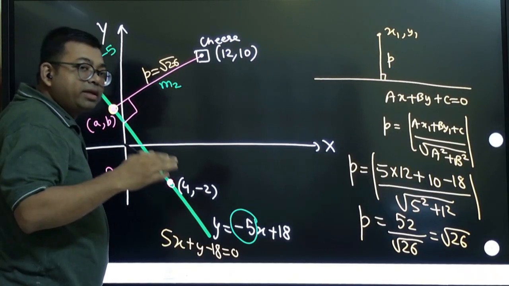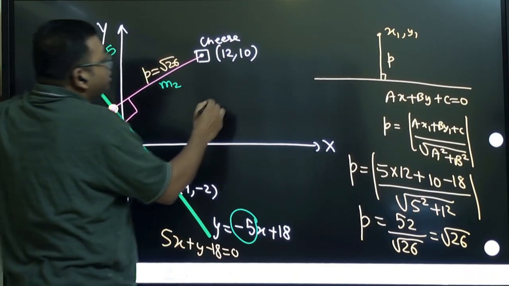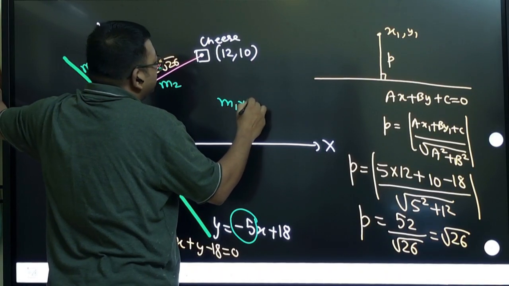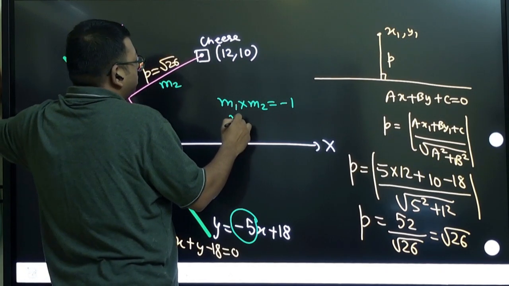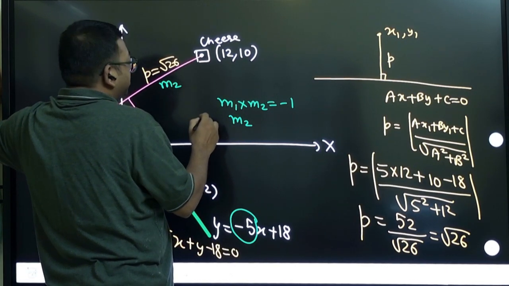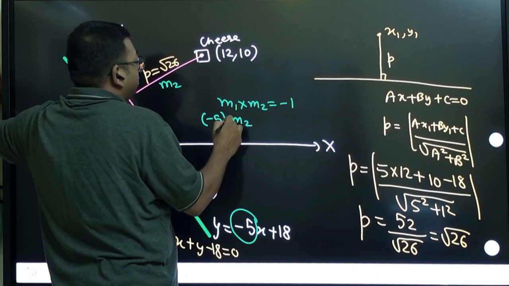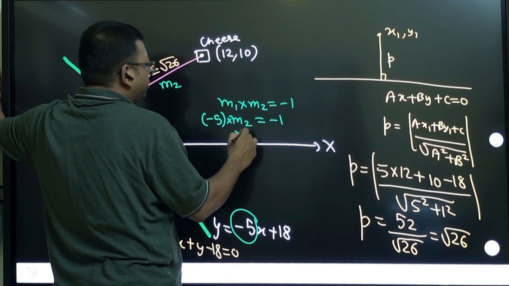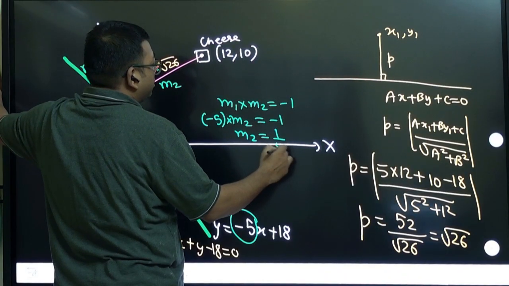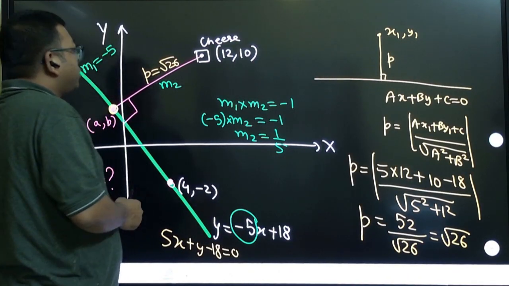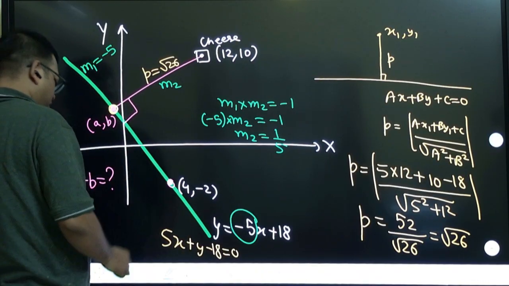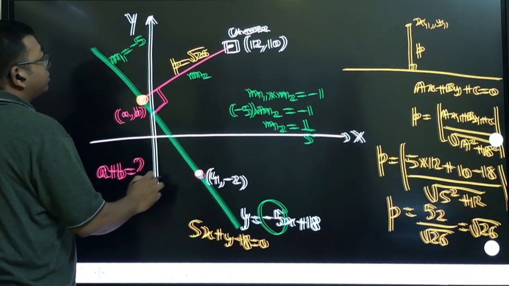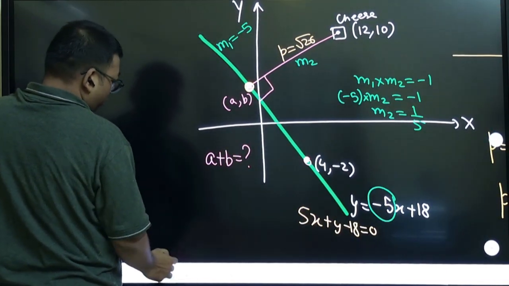Because these two lines are perpendicular, m1 into m2 is minus 1. M1 is minus 5, so M2 becomes 1 by 5. Once you have M2, now think of this line and try to write the coordinates directly. How?